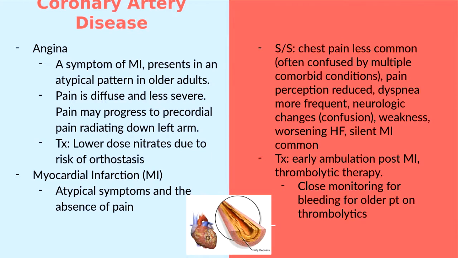At length, I'll talk about both angina and myocardial infarction. Both are clinical manifestations of coronary artery disease. Angina is also known as chest pain. It's a symptom of myocardial infarction, and it presents in an atypical pattern in older adults.